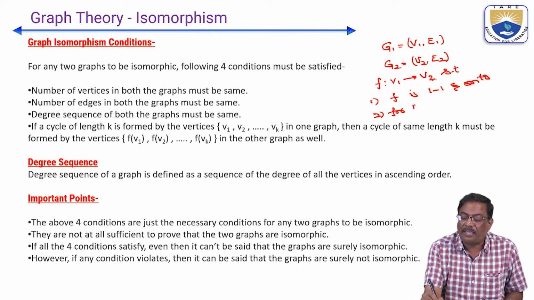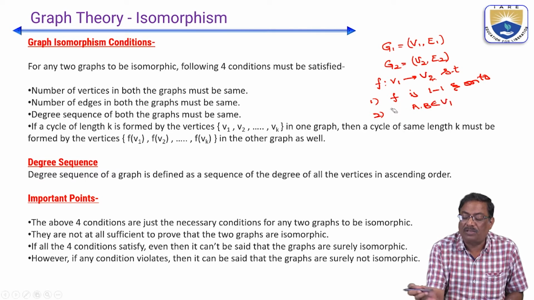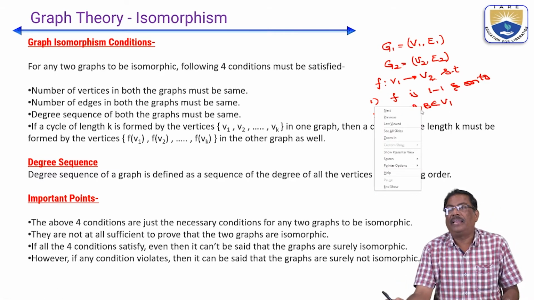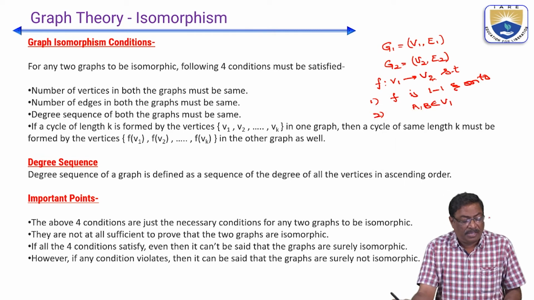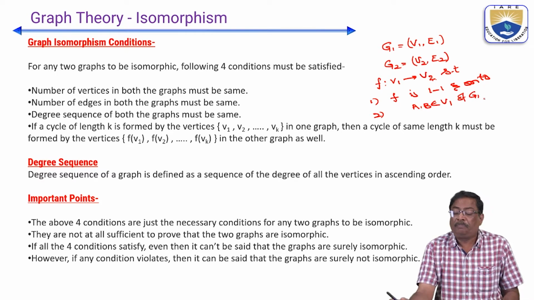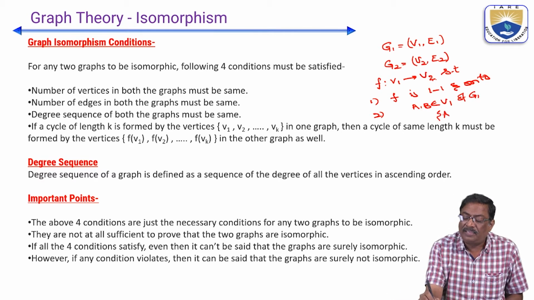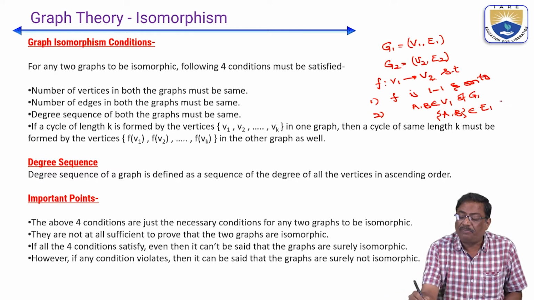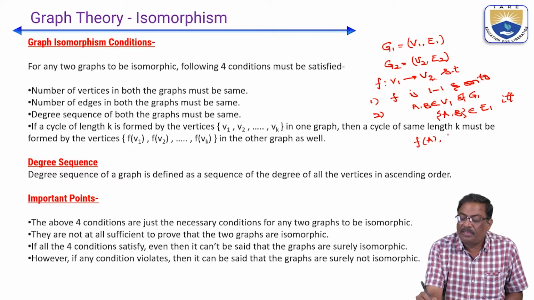And for all vertices A, B belonging to V1, that means for all pairs of vertices in V1 of the graph G1, the edge AB belongs to E1 if and only if there is an edge f(A), f(B) belonging to E2.